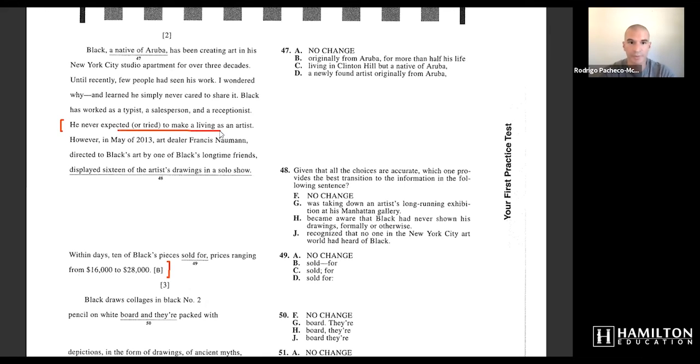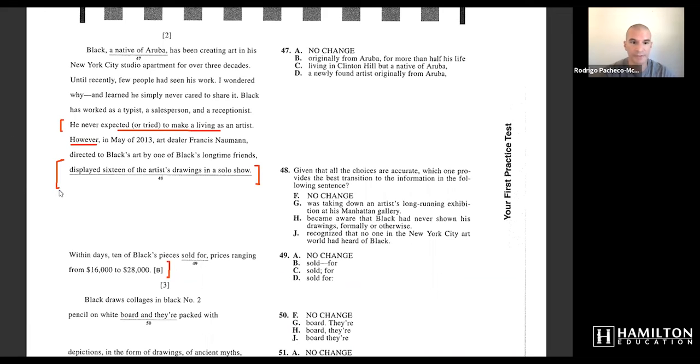So that's going to be important. Then we have "however." Now we should note that this is going to shift the narrative, the discussion here, since this is a contrast. In May of 2013, art dealer Francis Nauman was directed to Black's art by one of Black's longtime friends. And then we have the question.